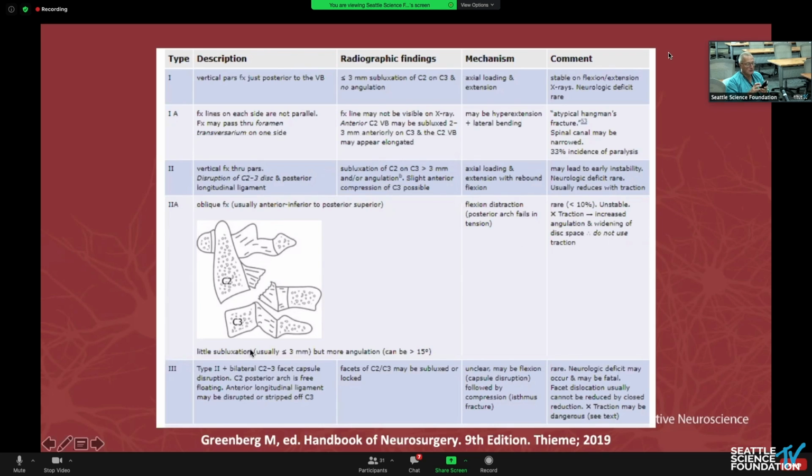In fact, this figure, which is from Greenberg, the Handbook of Neurosurgery, specifically says do not use traction. And then the type 3 is also a flexion injury with some compression, and traction is also considered dangerous in the type 3s. The type 3s is the one that has the bilateral locking of the facets.